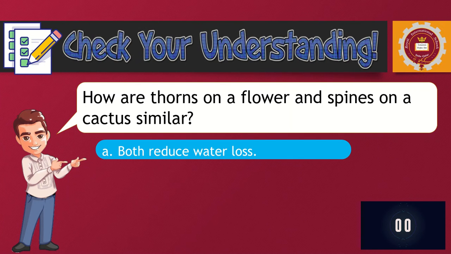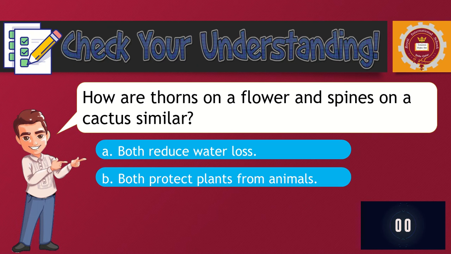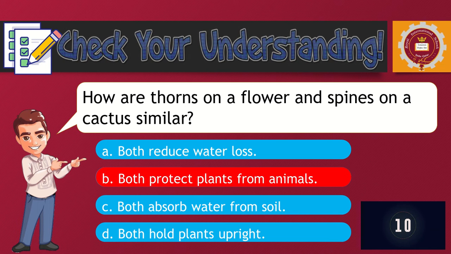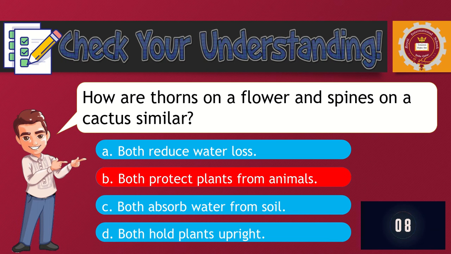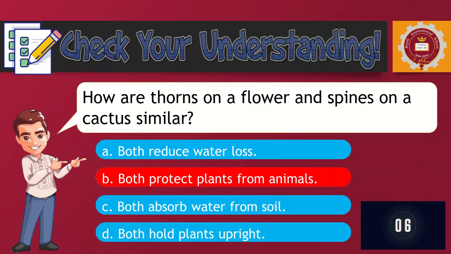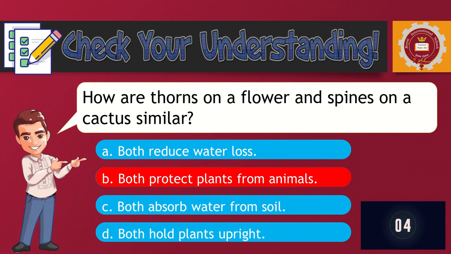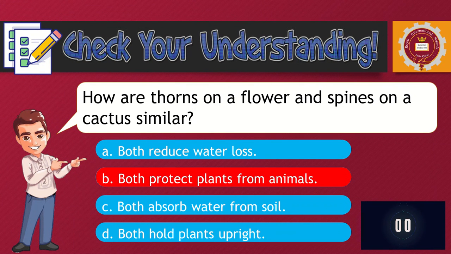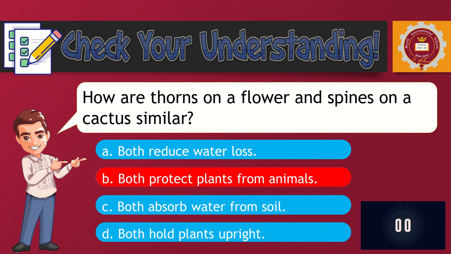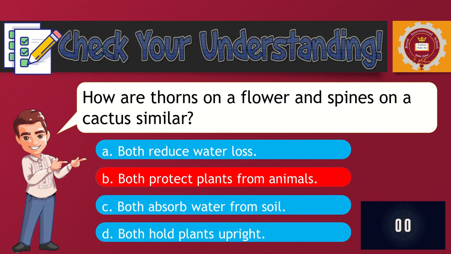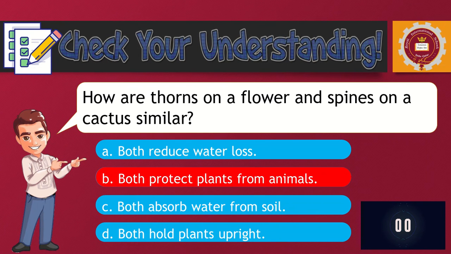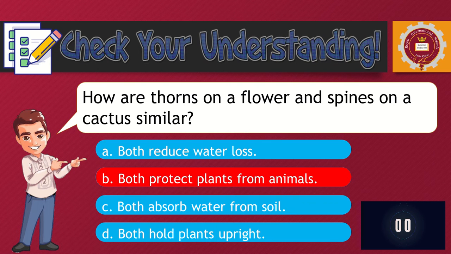The main function of both of them is to reduce water loss. And it also protects plants from animals. Actually, some of it is reducing water loss, especially the thorns help in reducing water loss, but the main function is to help the plant be protected against animals.